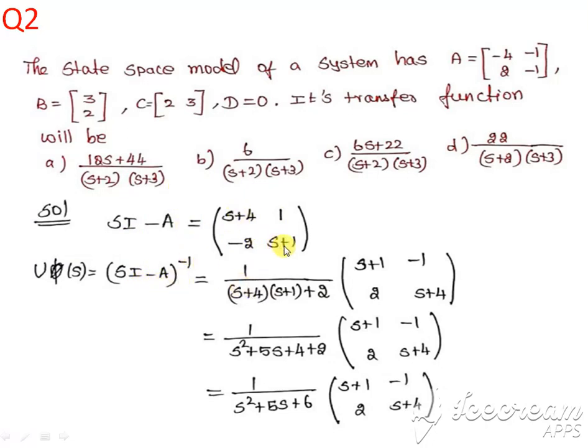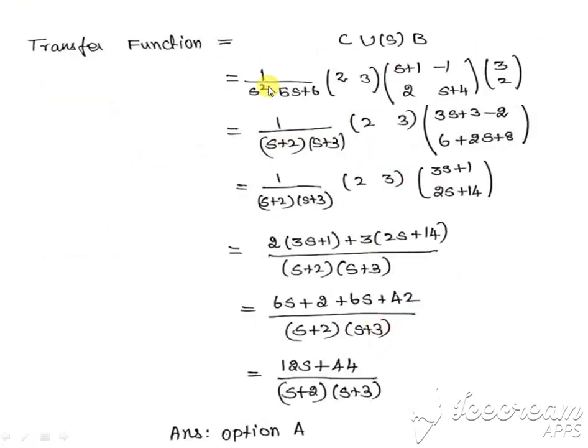Generally, for a 2 cross 2 matrix, inverse means 1 divided by the determinant value, and simply interchange the diagonal elements and change the sign of the off diagonal elements, then we get the inverse of the particular matrix. So finally the transfer function is C into the inverse matrix into B. C value is 2 3 and B value is 3 2, and the remaining values are this denominator value and this matrix.